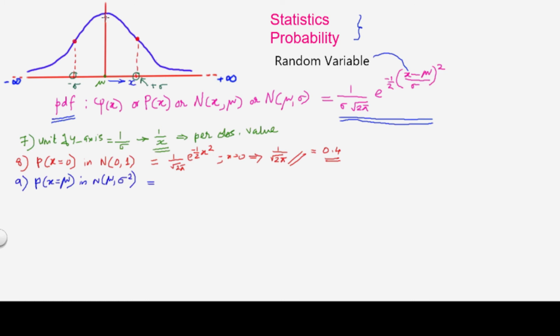What is the ordinate? You can look at the diagram or, in the equation, substitute x equal to mu. When you substitute x equal to mu, this entire exponent part goes, and what remains is 1 by sigma root 2 pi. So the maximum ordinate in a normal distribution is 1 by sigma root 2 pi. So that is the answer.